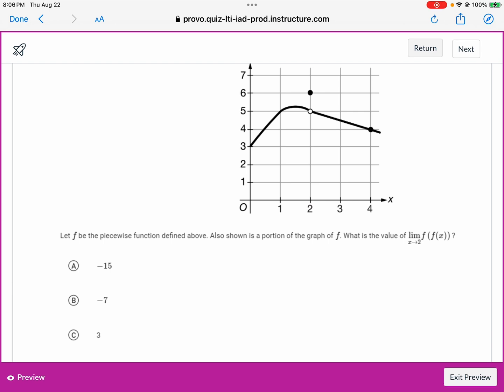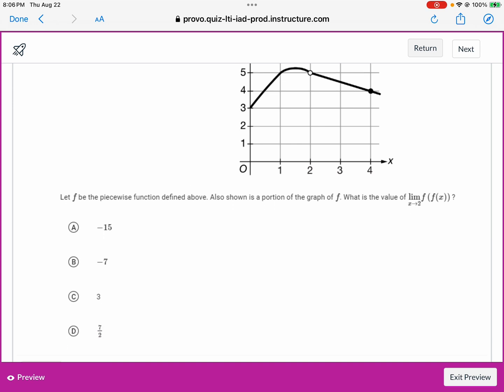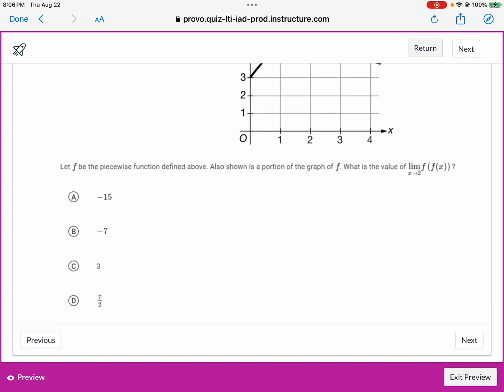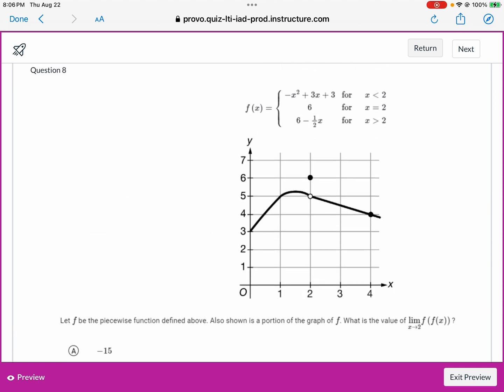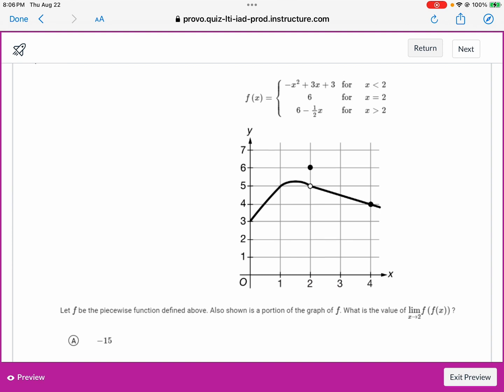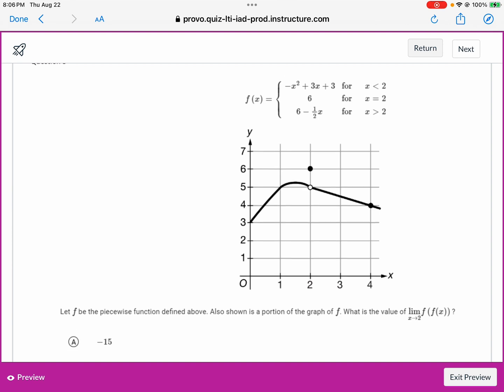But that shouldn't really matter. You should just be able to consider the limit as x approaches 5 of f of x, because the graph isn't even shown at x equals 5.